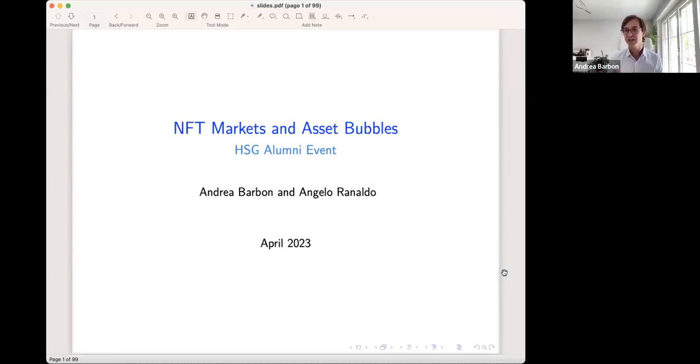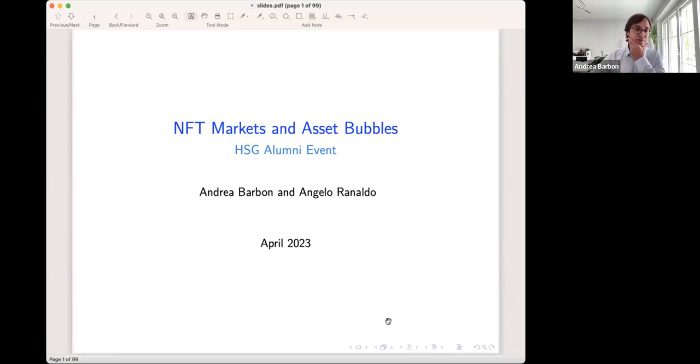Because the problem with selling a digital file is that this file can be copied and pasted and replicated an infinite number of times. And of course, that makes it difficult to sell those assets for a value, right? Well, with NFTs, ownership is certified on the blockchain, and an NFT cannot be duplicated, right? So if you buy an NFT representing an artwork, you may show the world that you are actually the unique owner of that artwork. This creates the basics, the requirements for an asset market to develop.